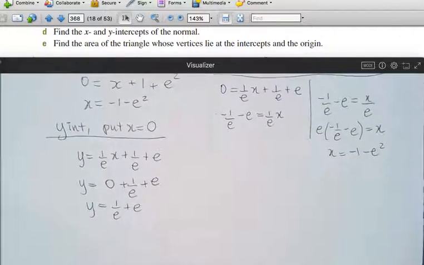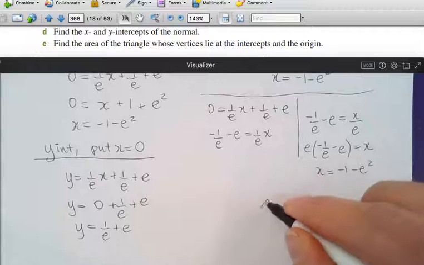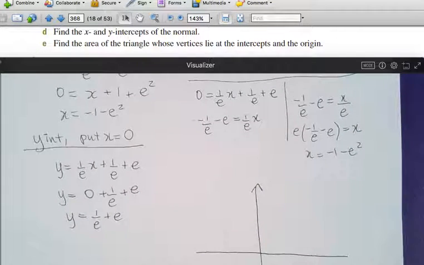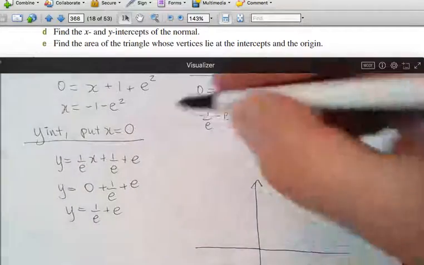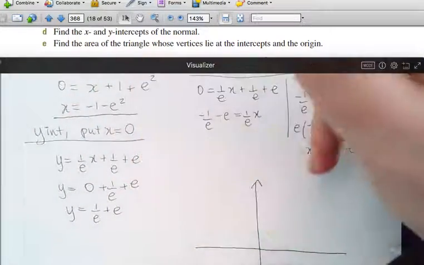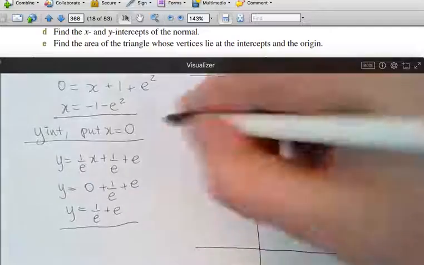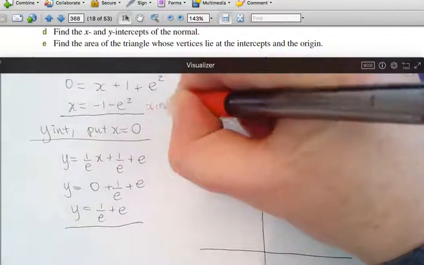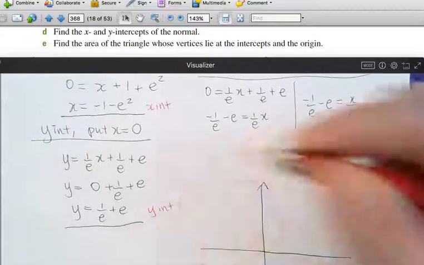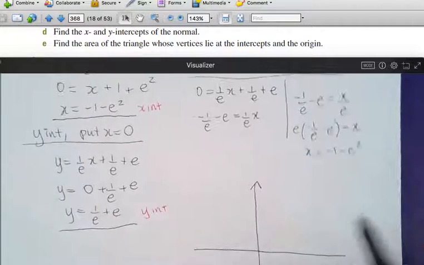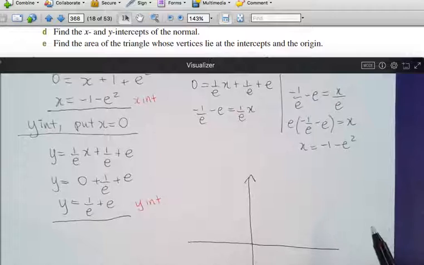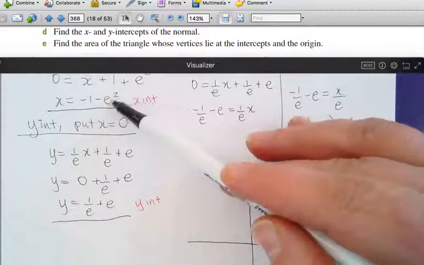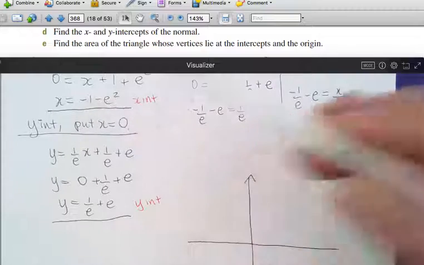Now I'm going to do a sketch, because these numbers just look a bit tricky. So there is my x-intercept. There is my y-intercept. You know that e is approximately 3-ish. Negative 1 minus, that's about 8. It's about negative 9.